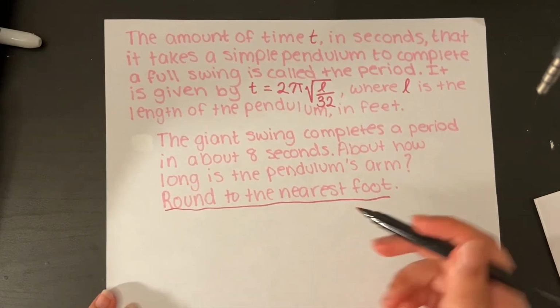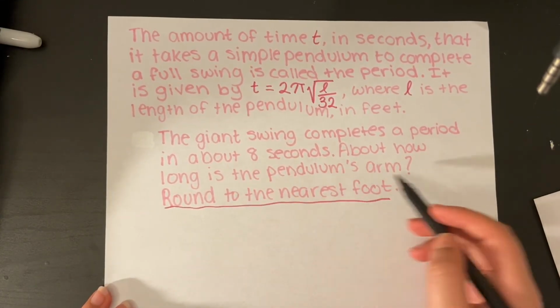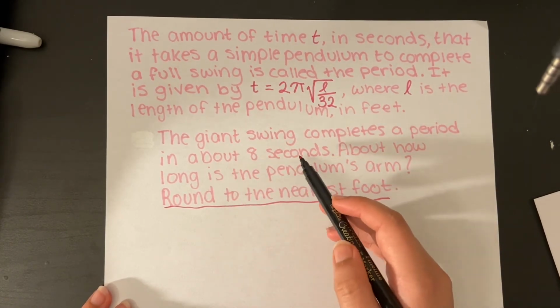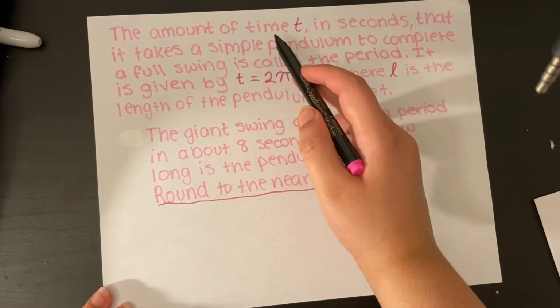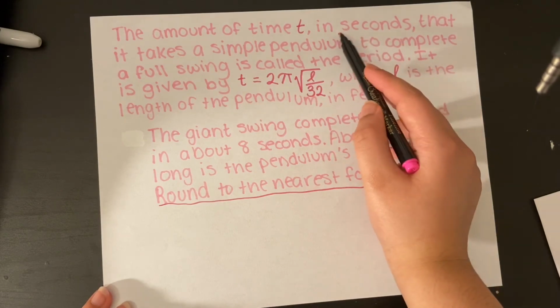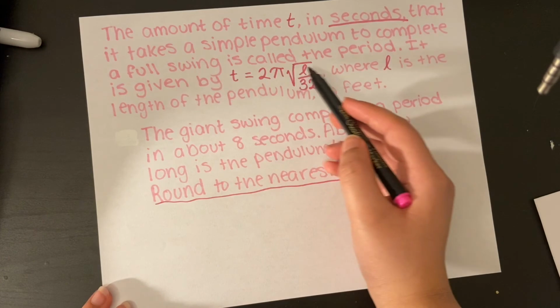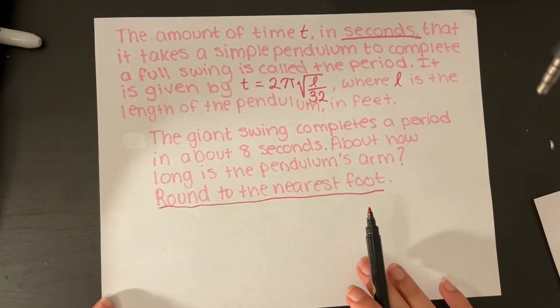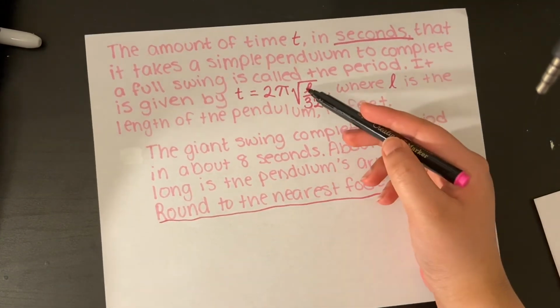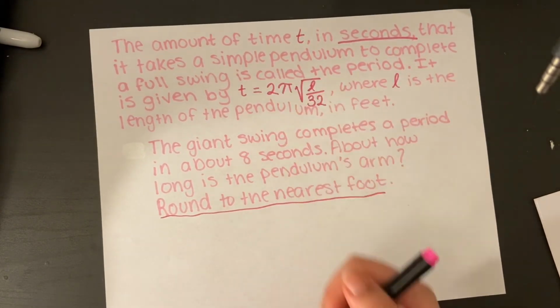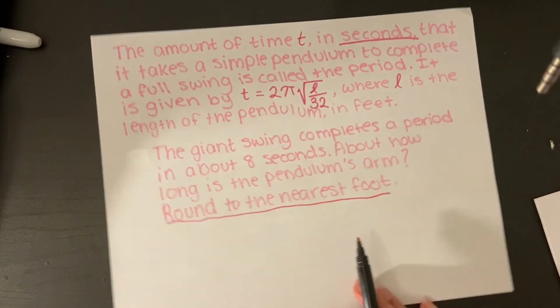So let's take a look at what we have to do. It's telling us how long is the pendulum's arm, and it says it completes a period in about 8 seconds. So we can find the length by substituting 8 in for the time.